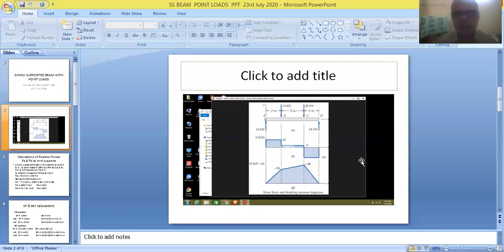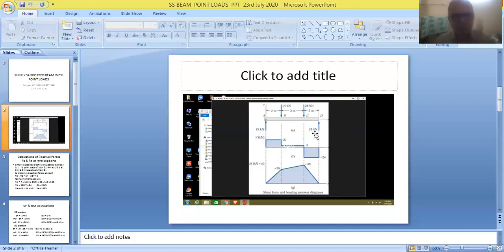And friends, lastly, while framing equations in every region, we have to consider a vertical section at a distance of x meter from the right end of the beam. We start from the CD portion and go towards the AB portion.